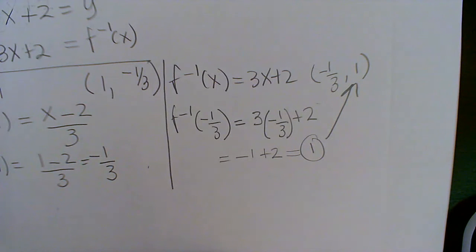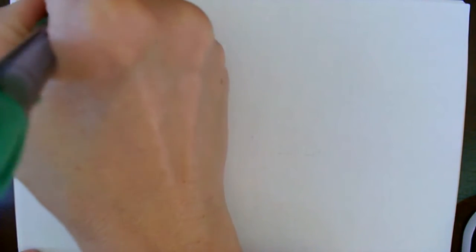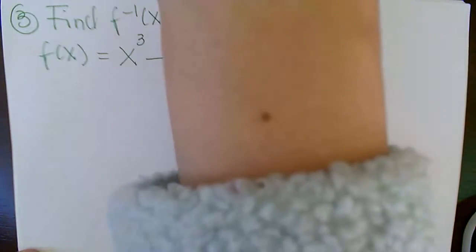Let me do this one. Looks a little bit different. We have to find the f inverse, okay? And f of x is equal to x to the third power minus 1.